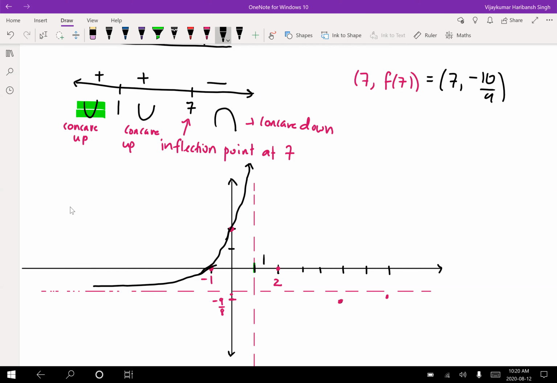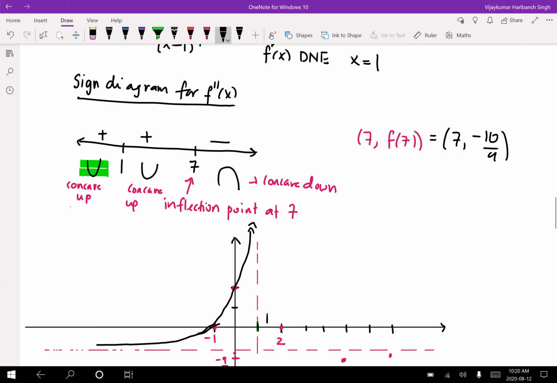So this is how the shape looks. Let's smoothen this a bit. So this is the first piece of information.